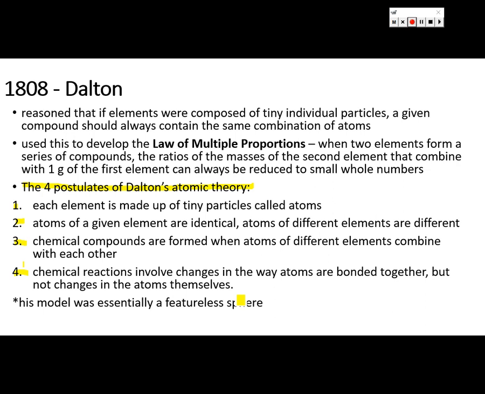Chemical compounds are formed when atoms of different elements combine with each other. And so he took definite proportions a step further. And we're going to talk about this idea more in organic chemistry.